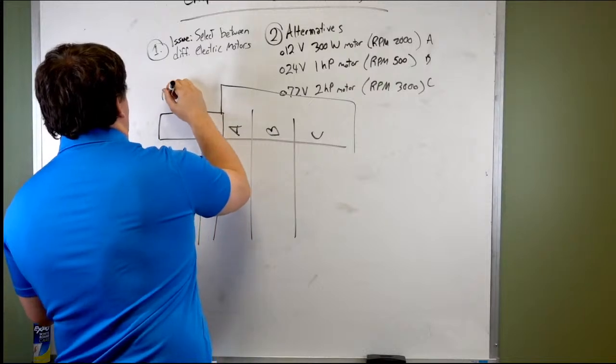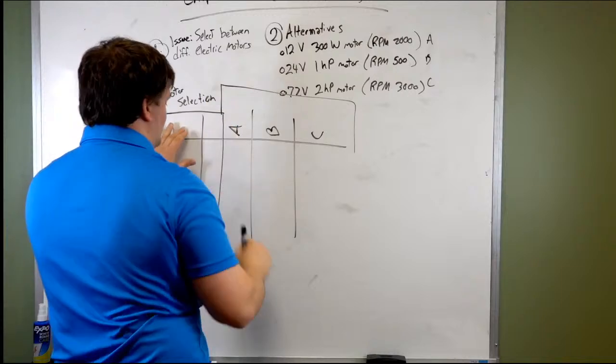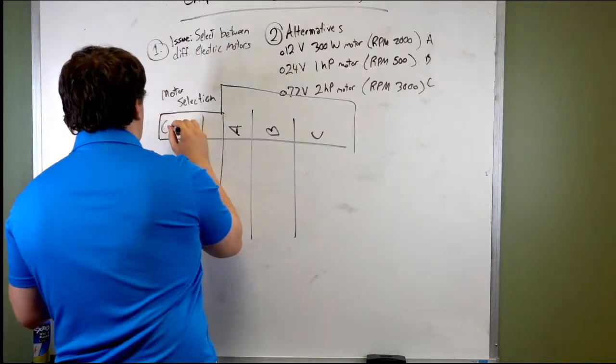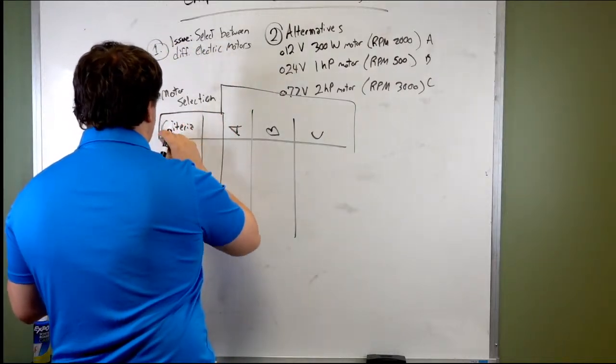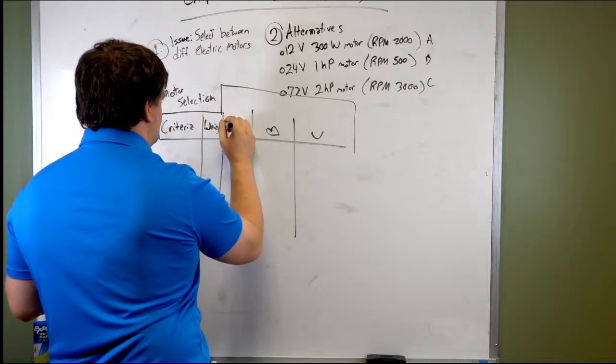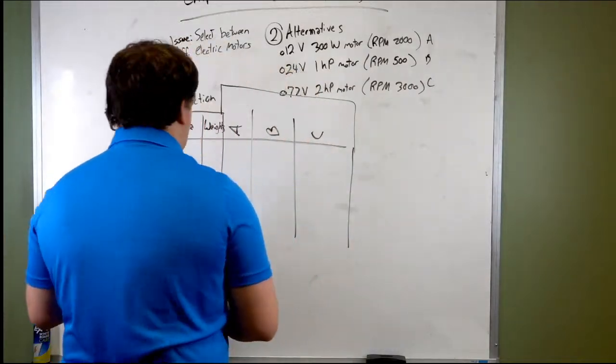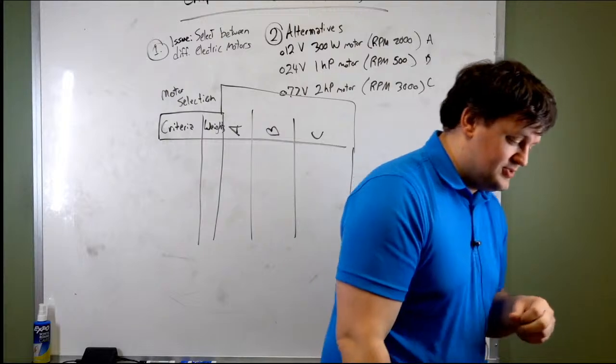So, motor selection. In this box here, we list out our criteria. Over here, we talk about weights. We'll talk about what a weight is. And then at the bottom, we've got our results.